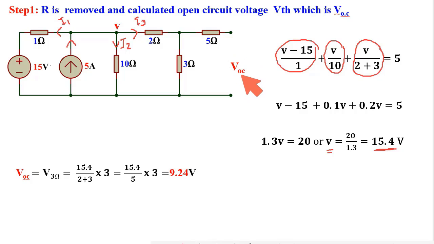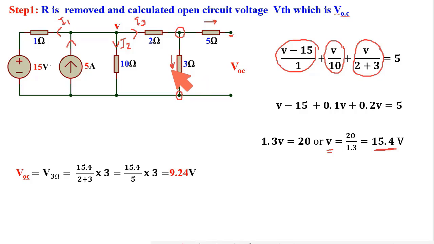Now what is VOC? VOC is the potential at this point with respect to this point. Now this is open circuit, so no current is flowing through this path. So potential at this point is the same as potential at this point. So VOC is equal to the current flowing through this 3 ohm resistance multiplied by this 3 ohm.